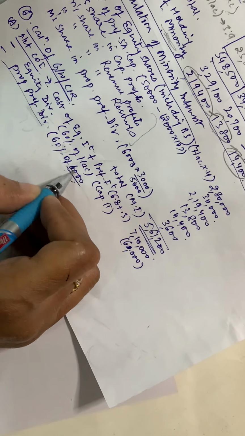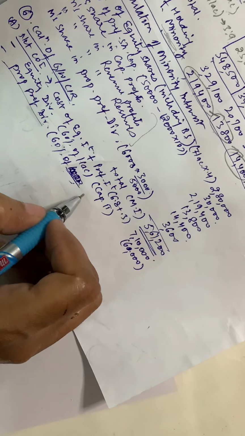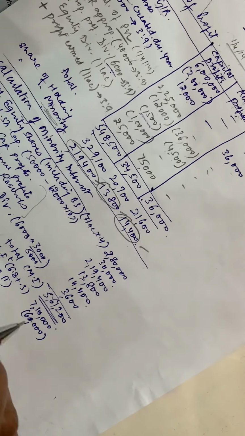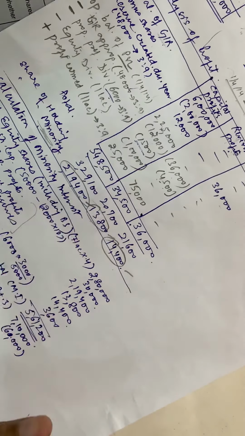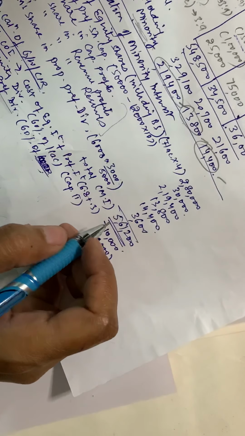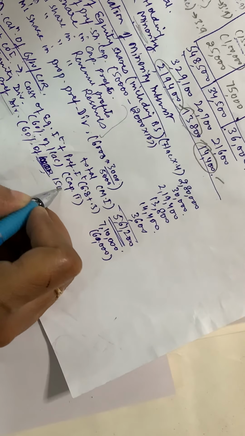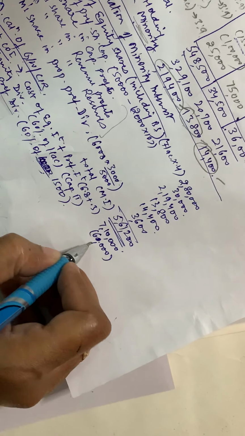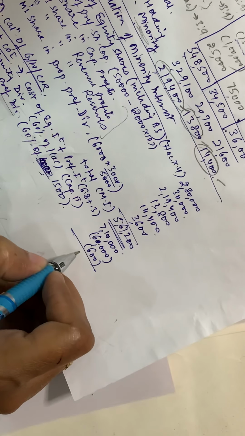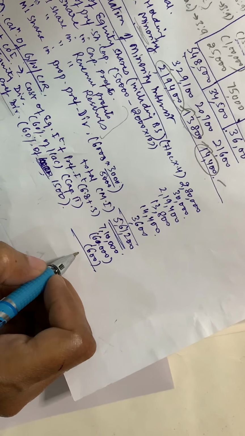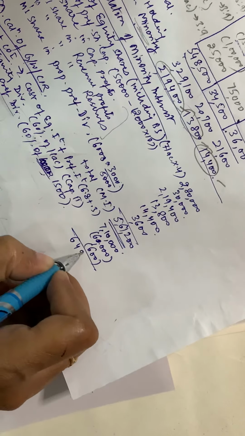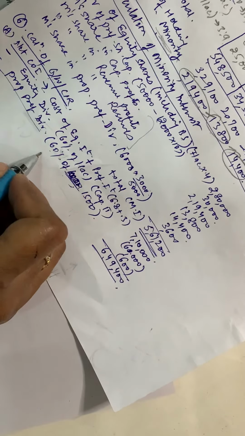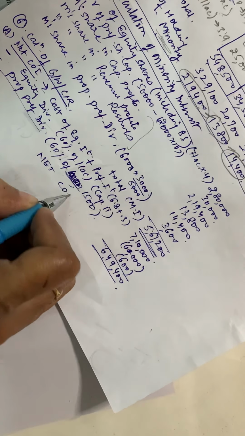So rather we will not say 6,000, but rather we will say 60% of 1,500, and that comes out to be 600. The net amount comes out to be 6,49,400. This is my net cost of investment.